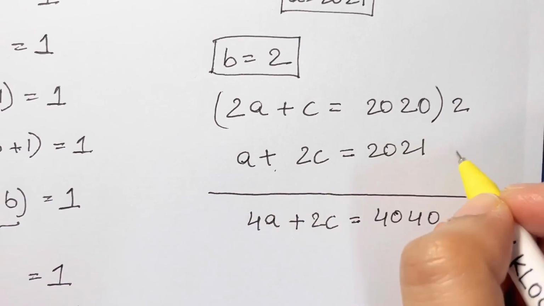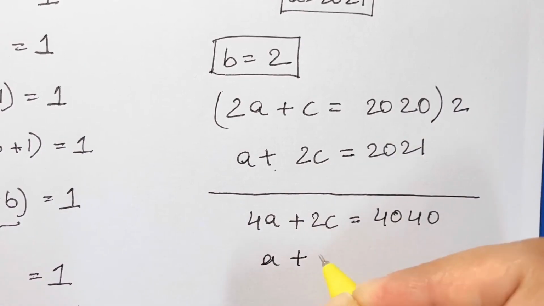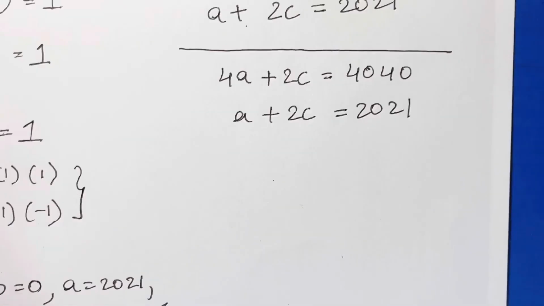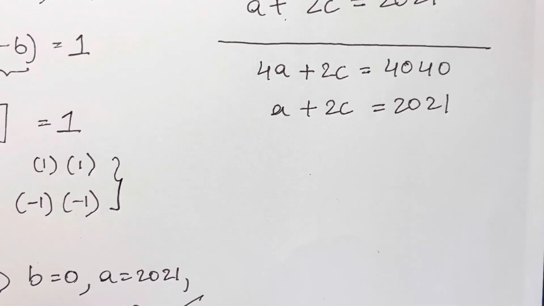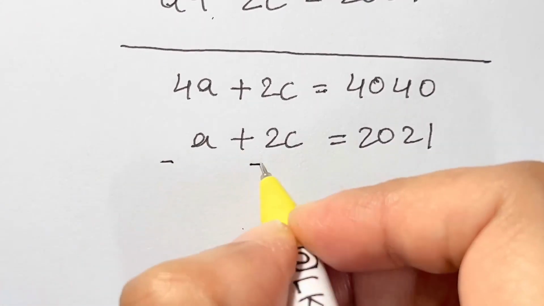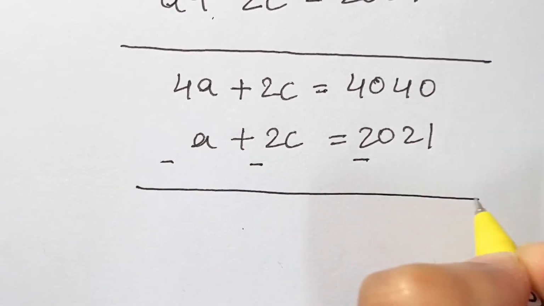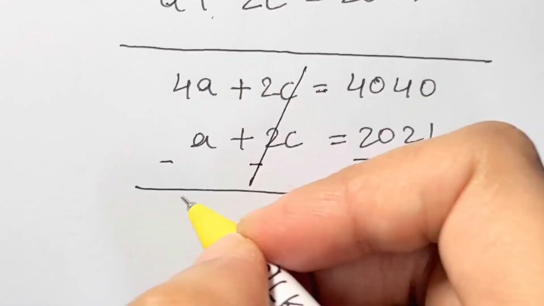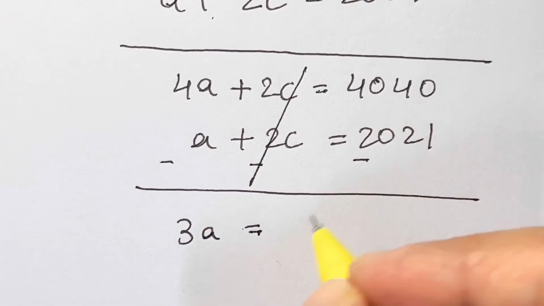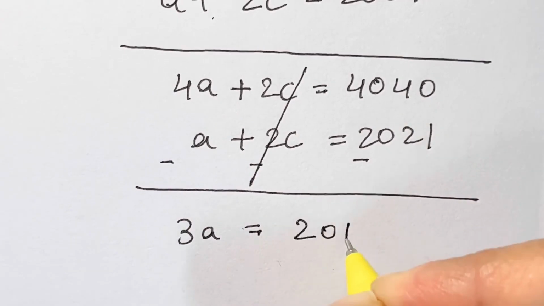And another equation I'm going to write as it is: A plus 2C is equal to 2021. Now we've got two equations to solve. We can eliminate the variables, just change the signs. 2C gets cancelled. 4A minus A is 3A is equal to 4040 minus 2021, which is 2019.